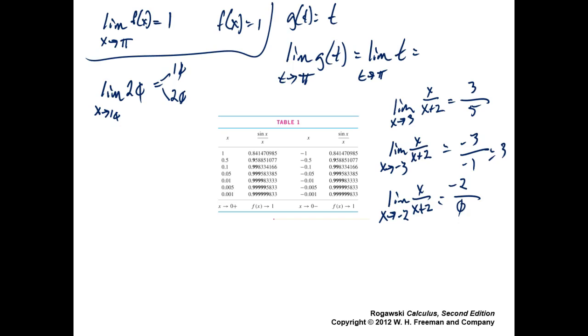Yeah, exactly. So this would be has no limit because that is approaching 0. It's completely undefined. Now, here's where things get a little stranger. Okay?